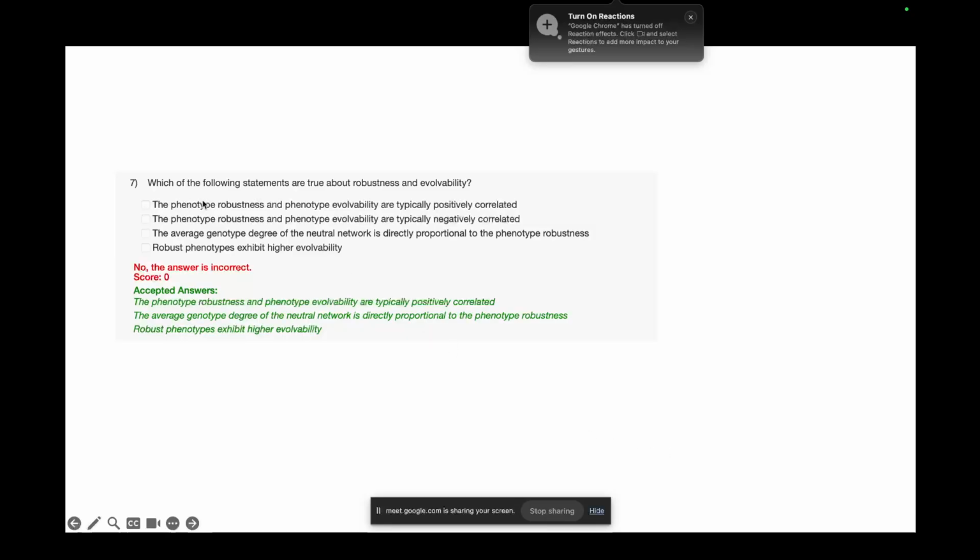So the question is, which of the following statements are true about robustness and evolvability?